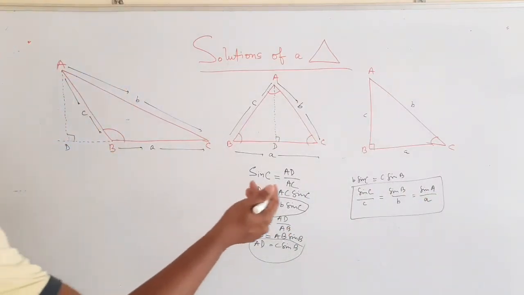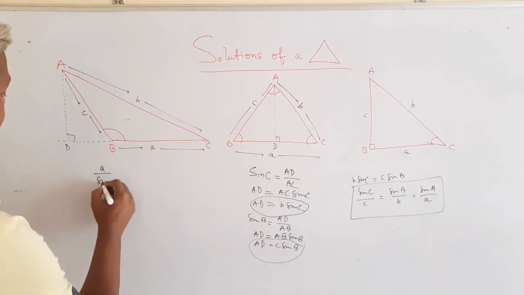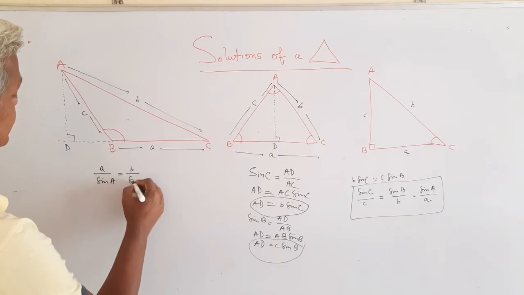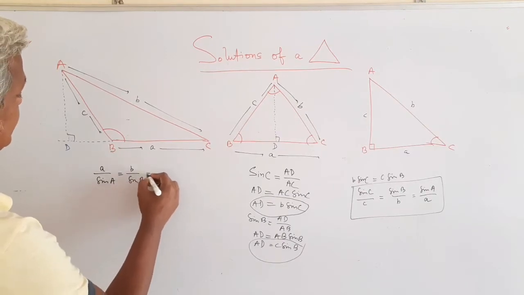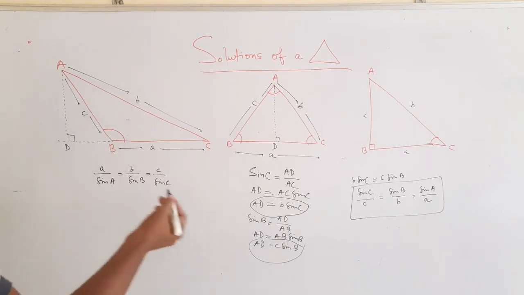And so if you just use the idea of invertendo, you can have A over sine A equals B over sine B equals C over sine C. This is one ratio.